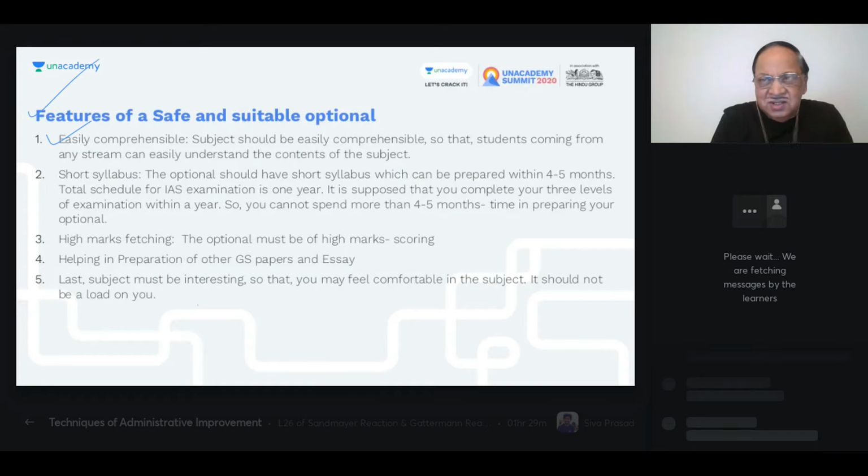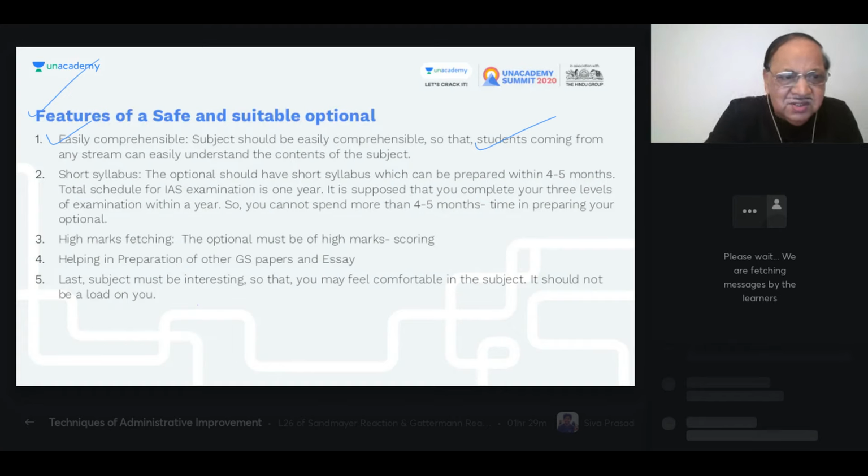One can easily understand the contents of the subject, so that students coming from any stream can easily understand it and do not feel uncomfortable in understanding things of the subject. So this is the first condition of a suitable optional for you.